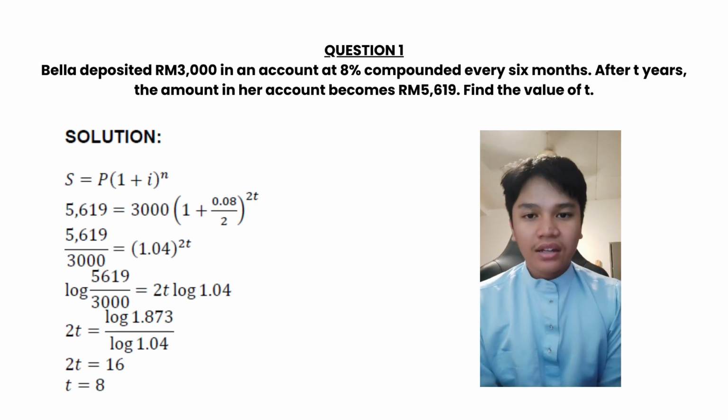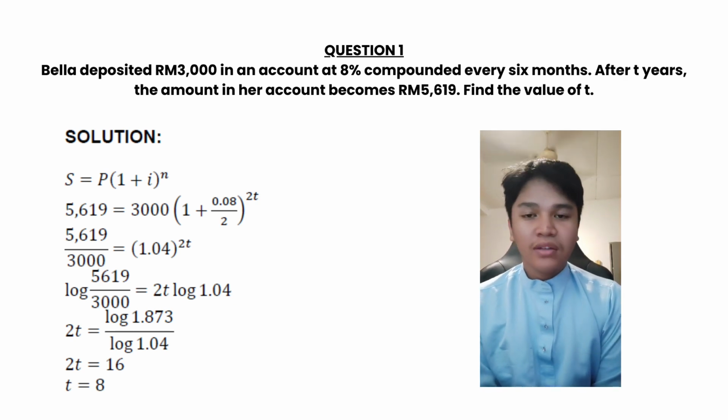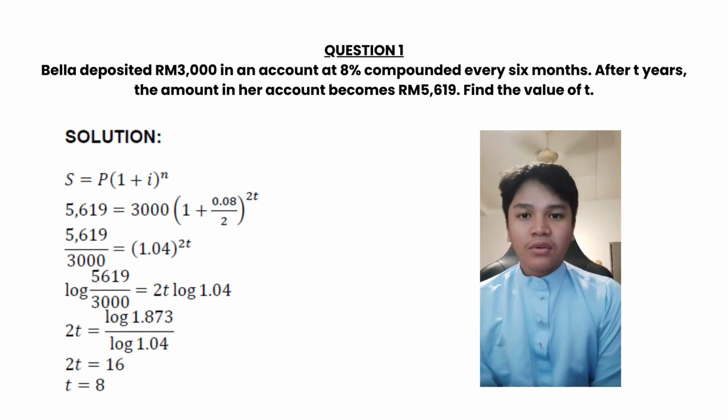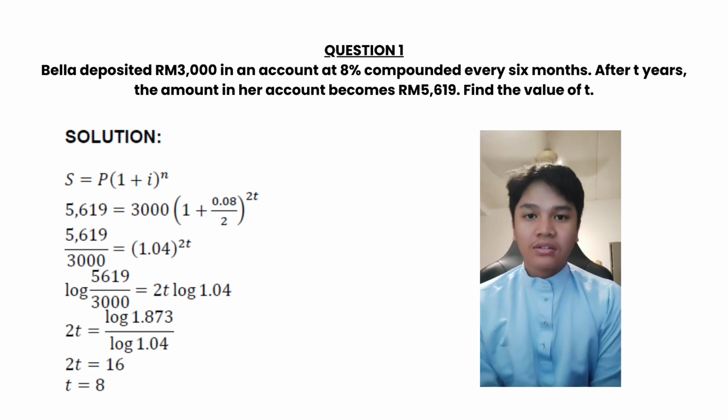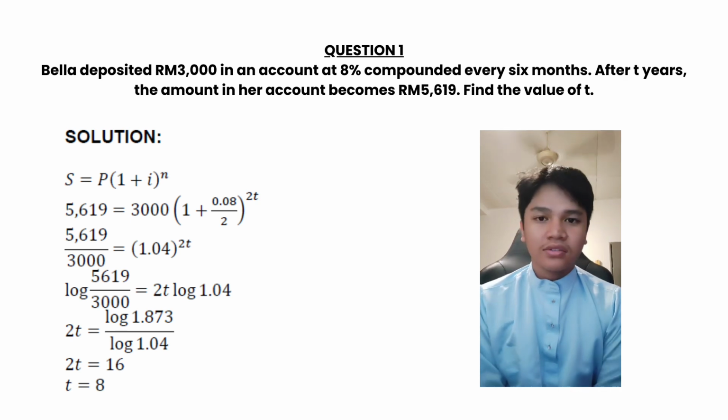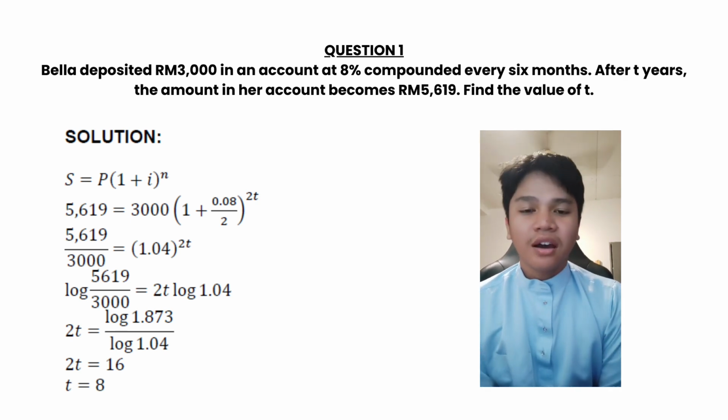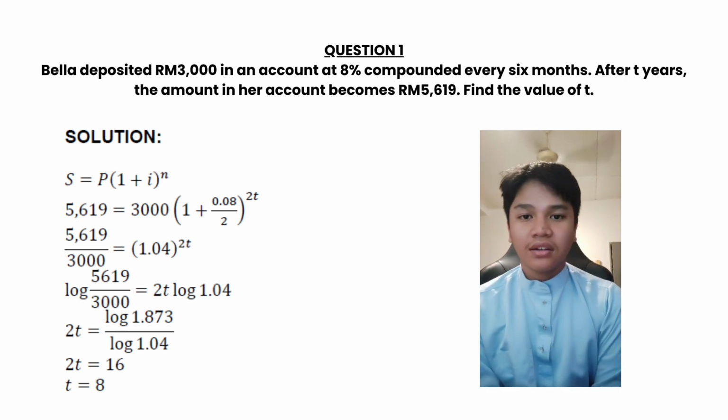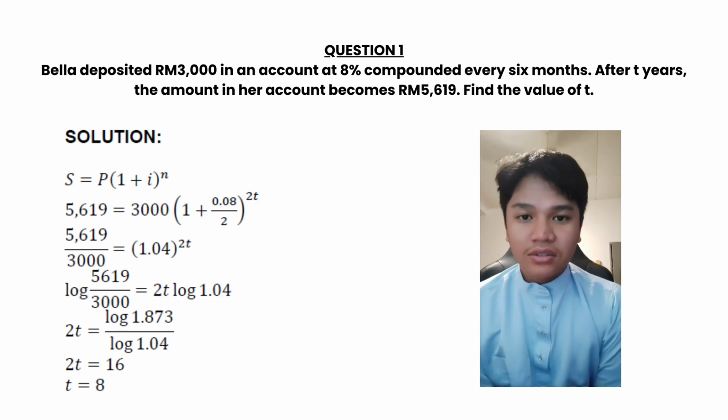After that, you have to use the law of logarithm, which means you have to log both sides. It will be like this: log of 5,619 over 3,000 equals 2t.